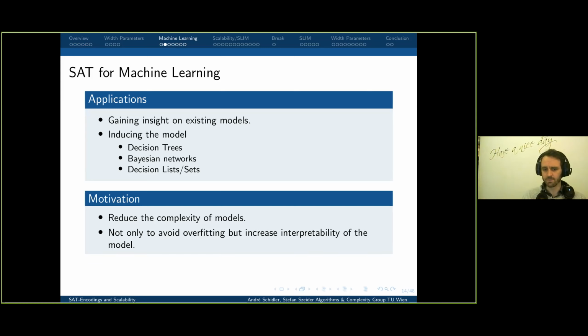Traditionally for these models, you had some form of complexity reduction, but that was more to avoid overfitting, so that you wanted your model to generalize better, and that usually means a smaller model. But whether it's more understandable for humans was merely a side effect. And now looking at optimal methods to really decrease the size of the model has become more interesting to a lot of people in recent times.